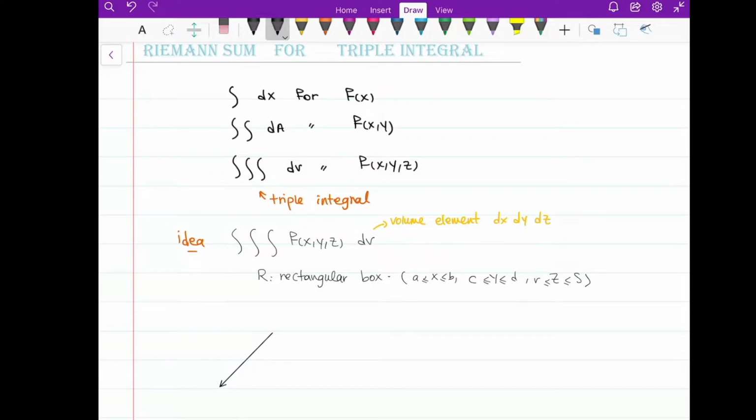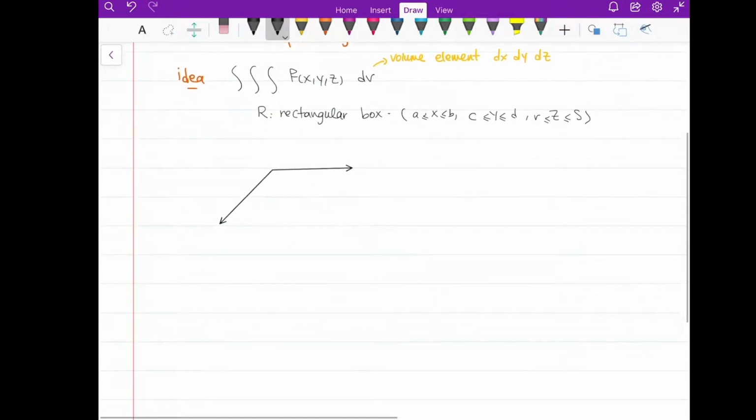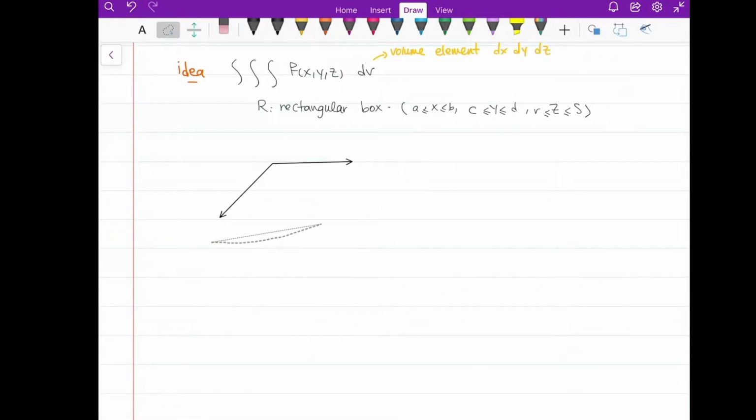Okay, let me graph R. So this is the x-axis. I have the y-axis. Let me move this one a little bit down. And then I have the z-axis: x-axis, y-axis, and then z-axis. Then I have this box in here.